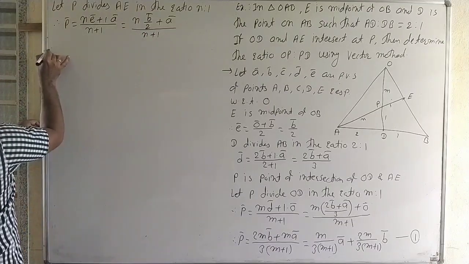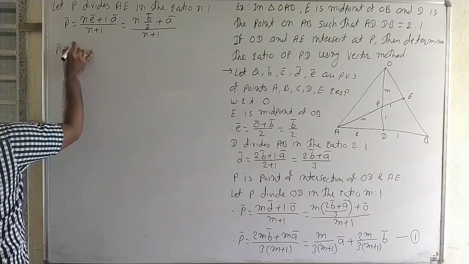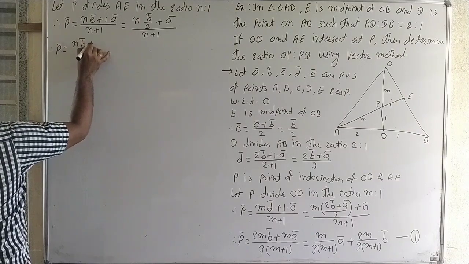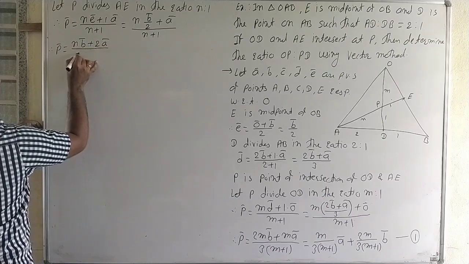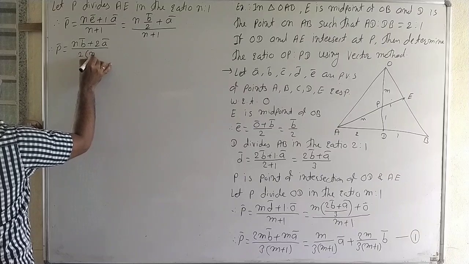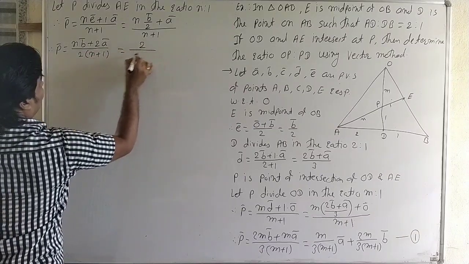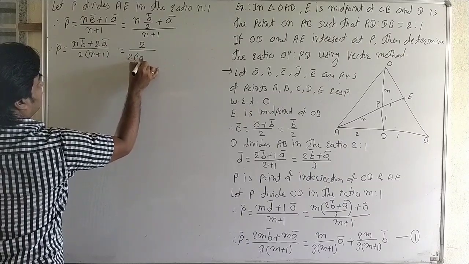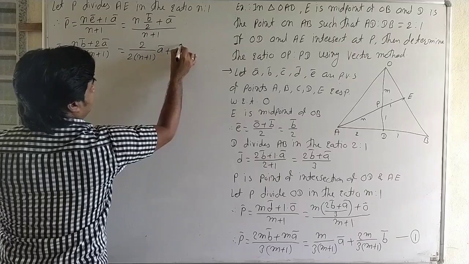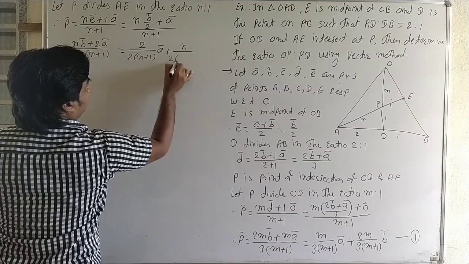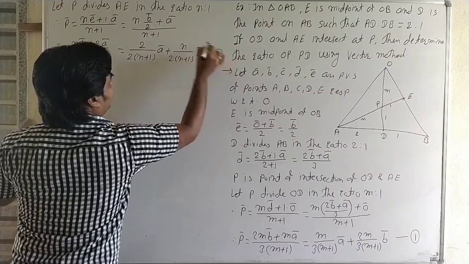Therefore P bar is equal to (n B bar plus 2 A bar) upon 2 into (n plus 1), that means 2 upon (2n plus 2) A bar plus n upon (2n plus 2) B bar. It is equation number 2.